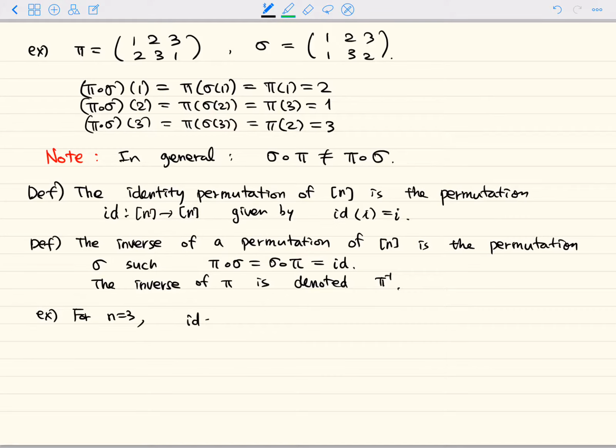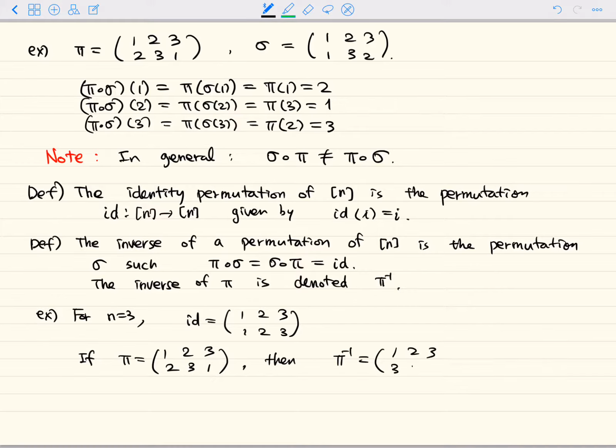Then the identity permutation in two-line notation is just 1, 2, 3 over 1, 2, 3. And if you consider the pi that we had before, then you can check that pi inverse is 1, 2, 3 over 3, 1, 2. You can check that if you compose these two permutations, we get the identity.